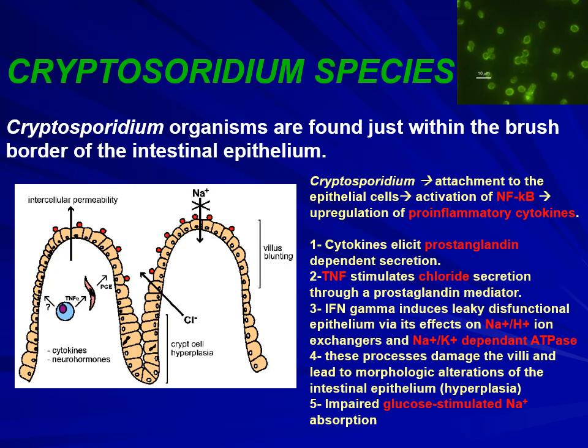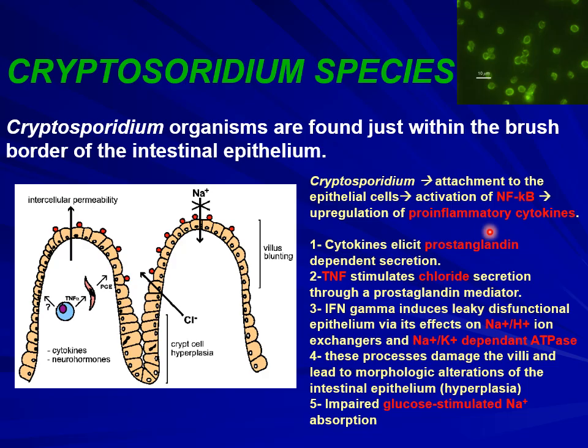The process by which Cryptosporidium species lead to diarrhea was very well studied, and these studies showed that Cryptosporidium attaches to the epithelial cells of the intestine. It activates the NF-kappa B pathway, which leads to the upregulation of pro-inflammatory cytokines.